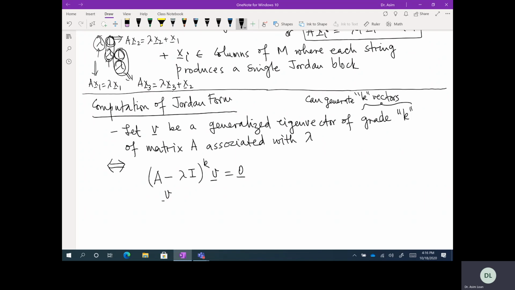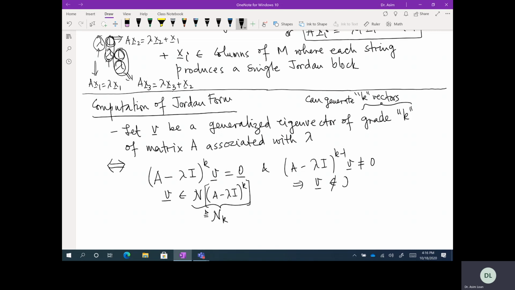So this means v belongs to the null space of (A minus lambda I)^k, which we call N_k. And (A minus lambda I)^(k minus 1) times v is not equal to 0. This simply implies v does not belong to the null space of N_(k minus 1).